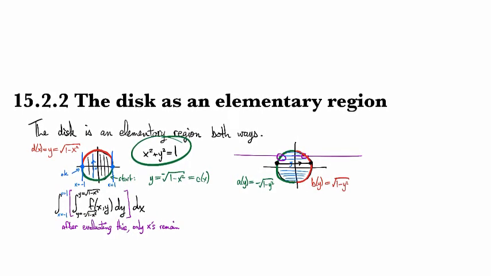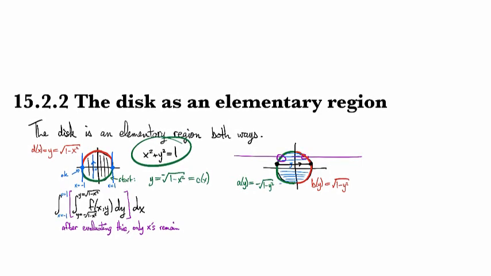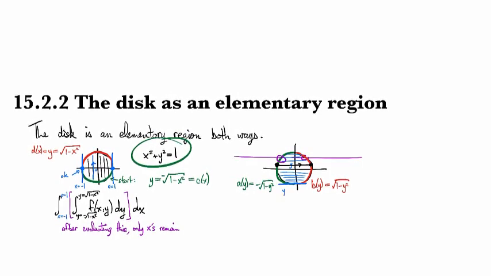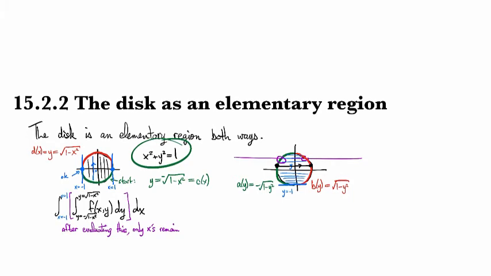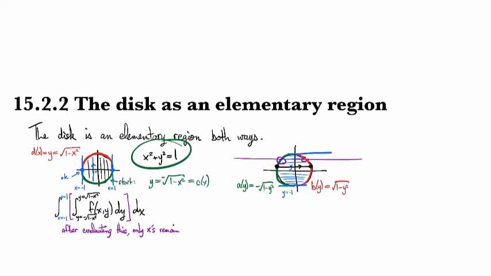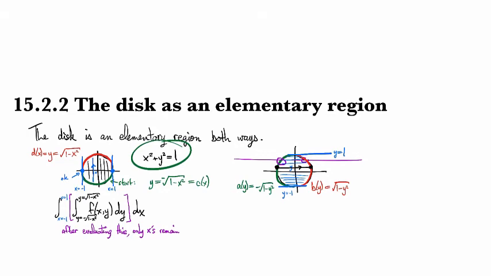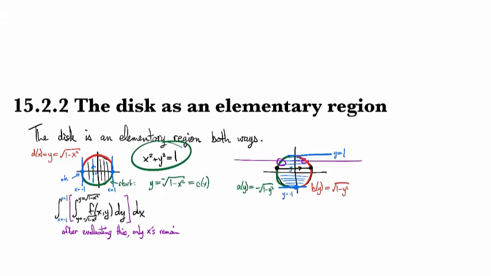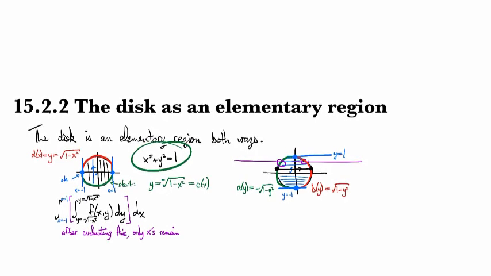And then we pick these slices up from our first slice down here at y equals minus 1 to our last slice up here at y equals 1. And again, each of these is just a single point, but that's fine.